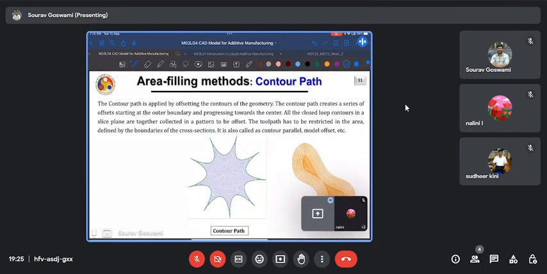Next, a nature-inspired area filling method, which is actually contour path, where once we have the contour of the desired shape, we simply keep offsetting it by a specified distance, which in this case would be the step over, such that each contour is actually similar to the outer boundary at the beginning.